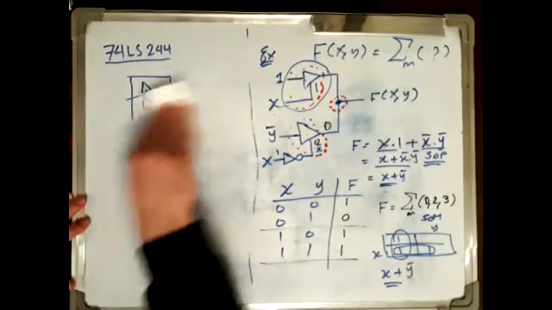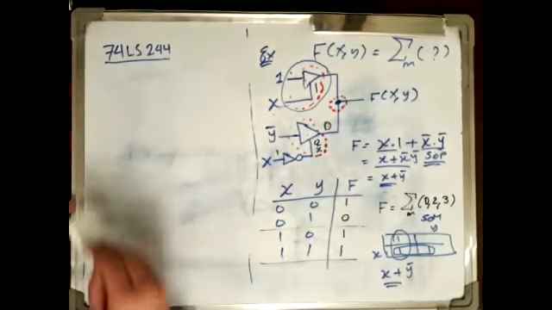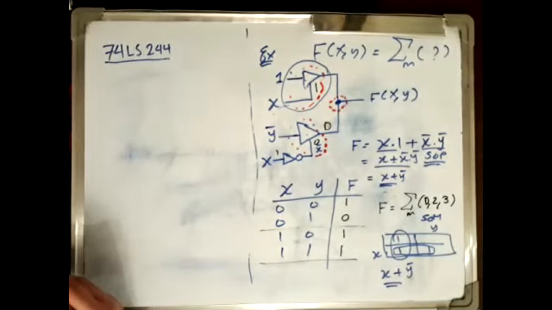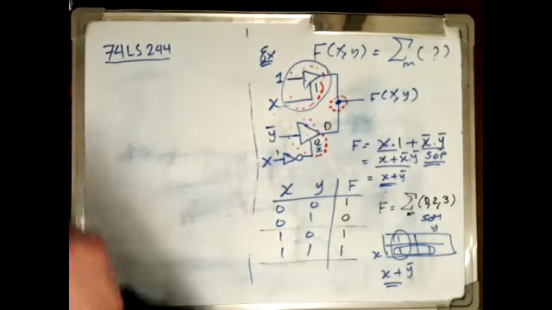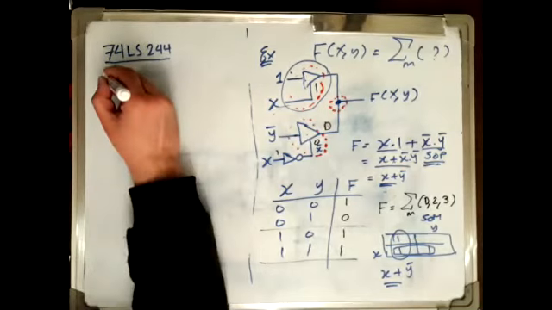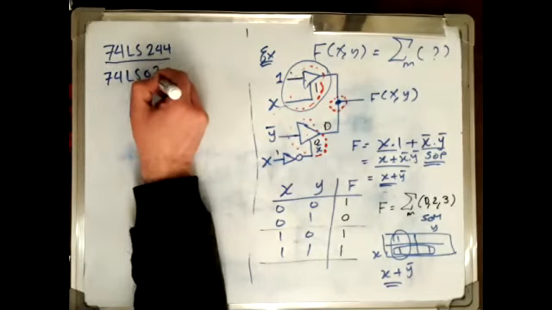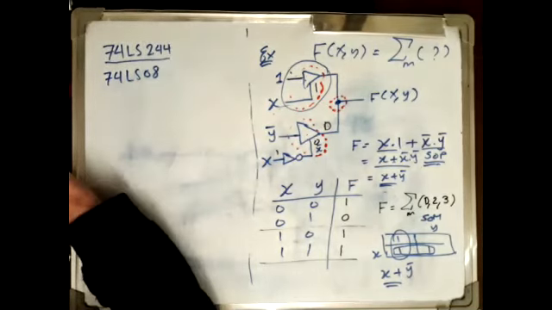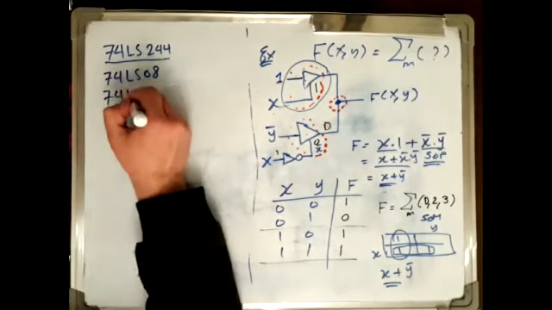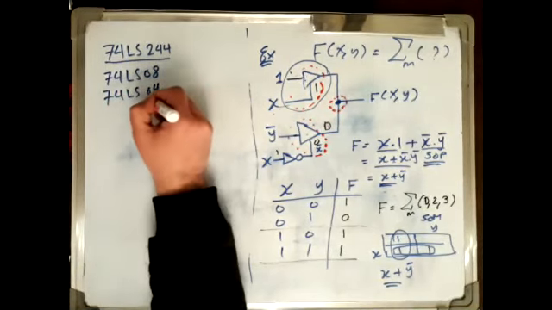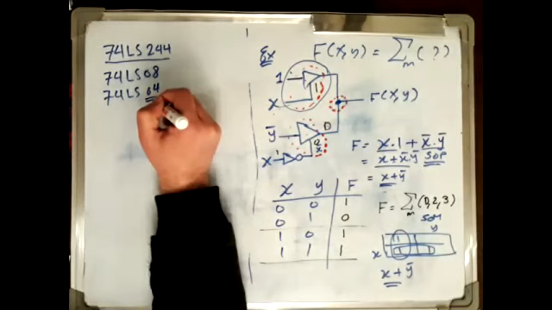I guess we listed some of the gate numbers before. For example, 74LS08, right? 74LS04, this is an inverter.